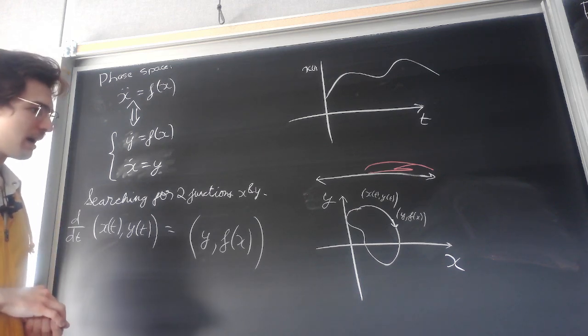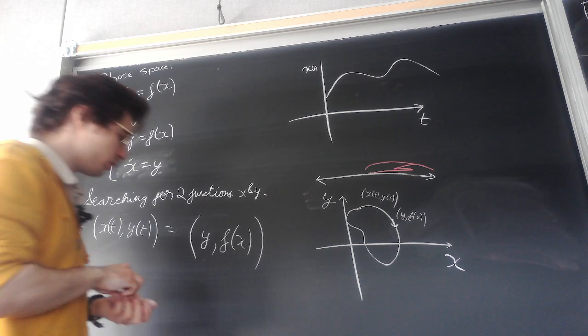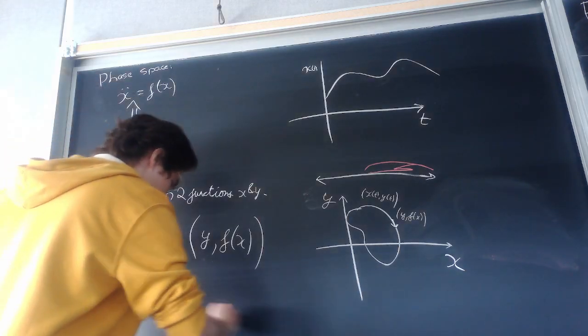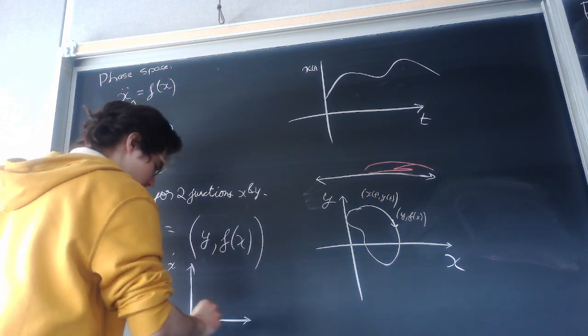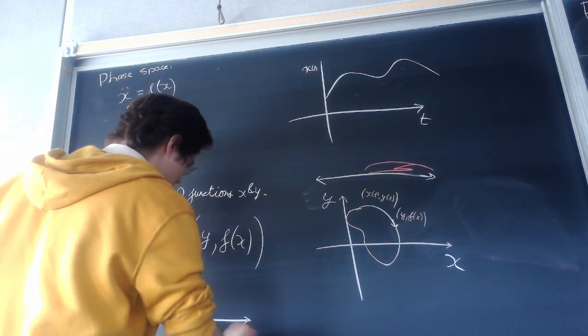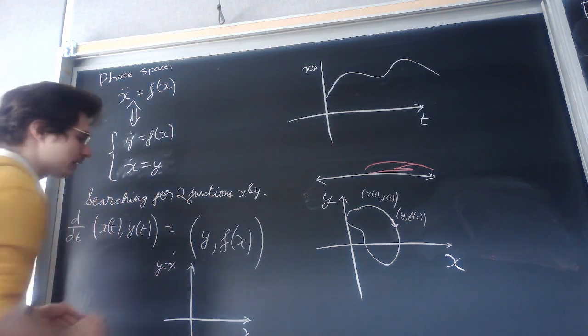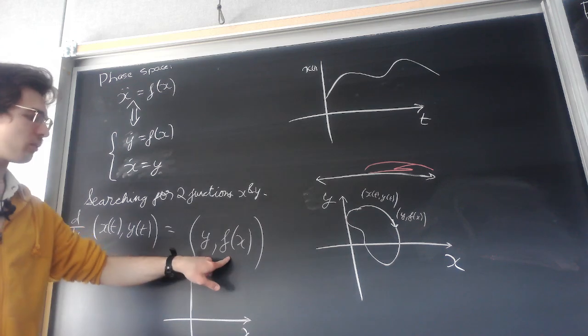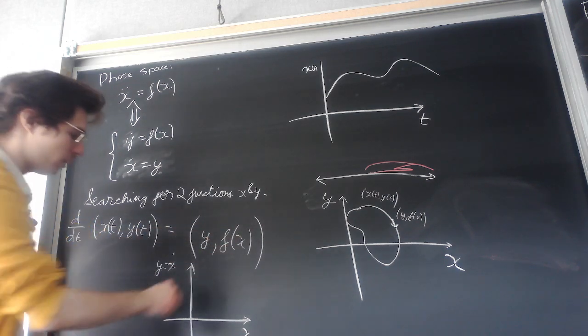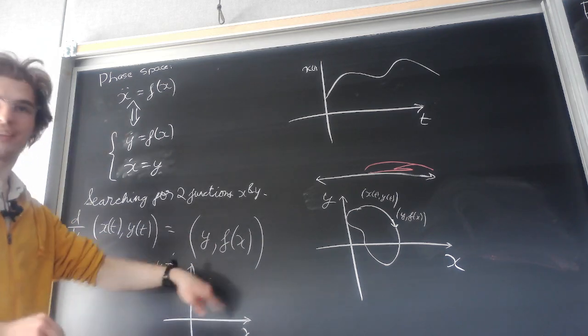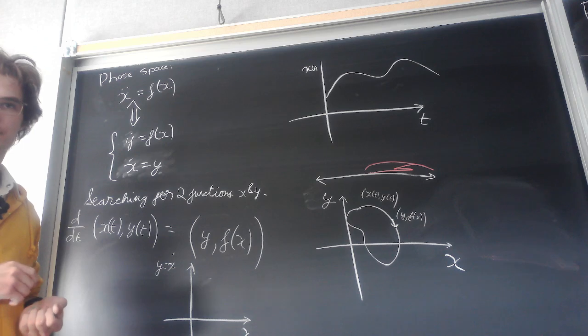So instead, what I could do in my phase space, x dot x. So instead, y and f of x, well, this is given to me. I already know what f of x is, and I know y because I can just choose a y at every point. Do you agree?